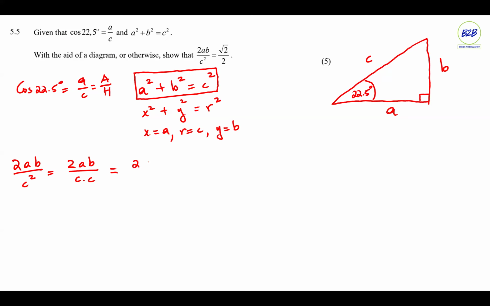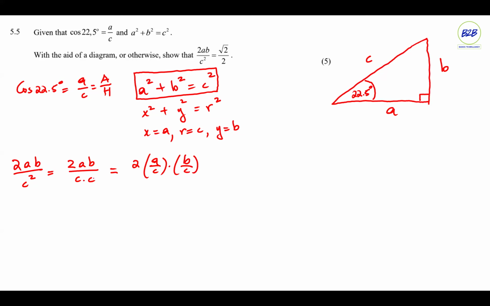That means we have 2A over C times B over C. So this C can divide A and the second C can divide B.